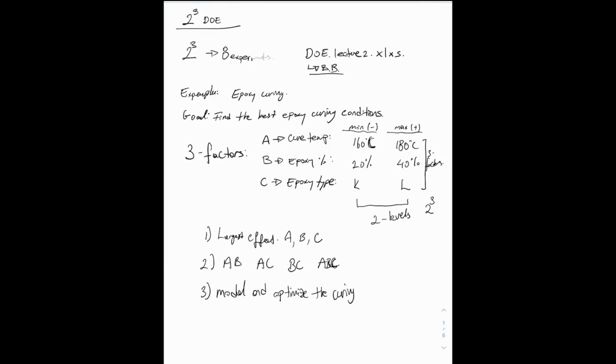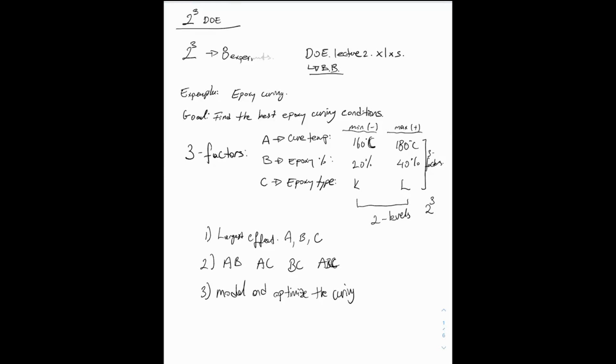Okay, you can imagine that at the end of each of these experiments, you'll be doing some sort of test, maybe a pulling test to figure out what is the maximum force required to pull apart the epoxy pieces, and then you'll be able to determine which one is curing the system the best.